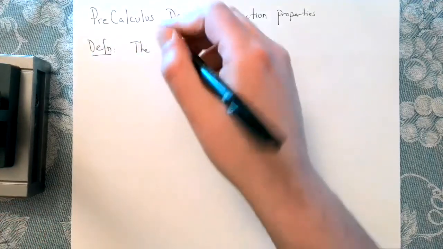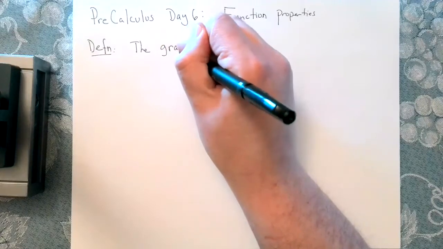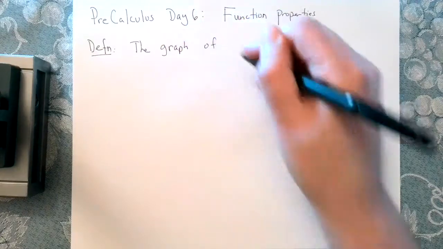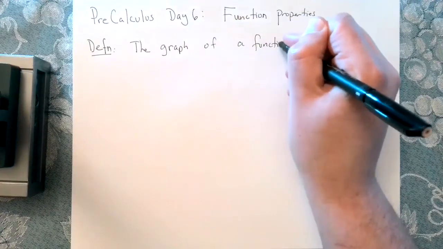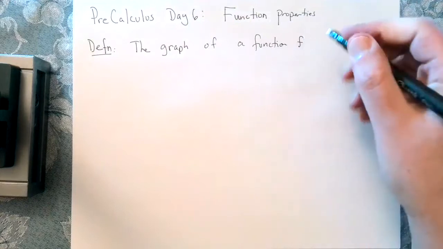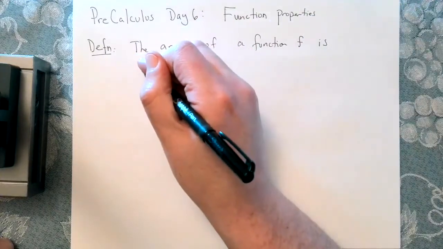So the graph of a function f is the following set of points.